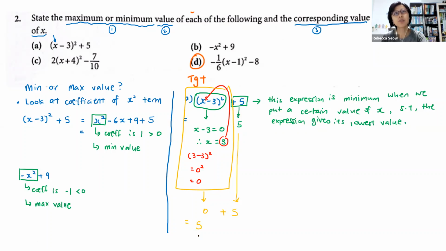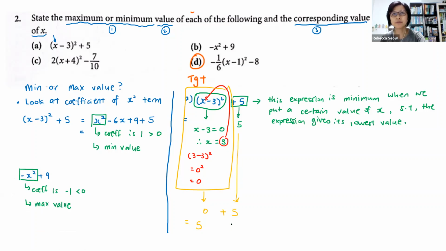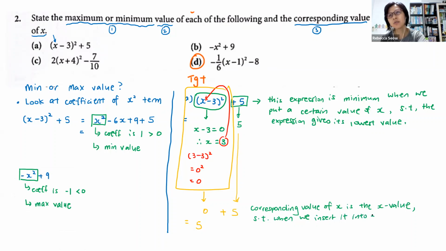What would then be the corresponding value of x? Corresponding value of x is the x value such that when we insert it into the expression, x minus 3 whole thing square is equals to 0.